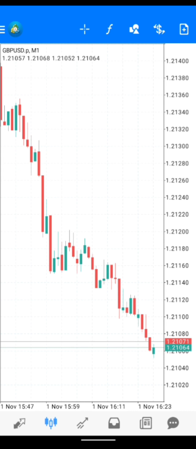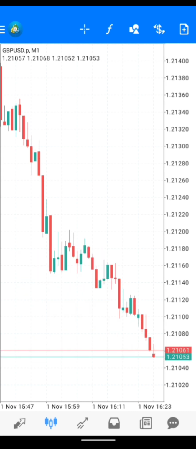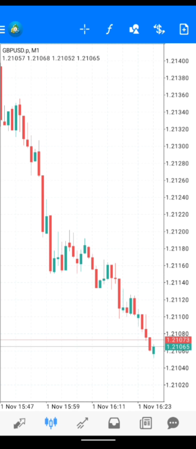So this type of chart is the candlestick chart. These are the candlestick charts. They look like candles. We have bar charts, we have line charts, yeah, and we also have bar, line, and candlesticks charts.